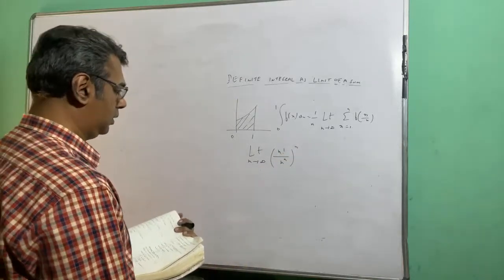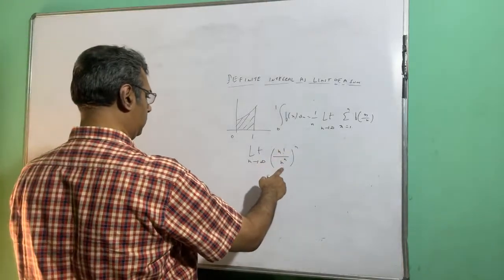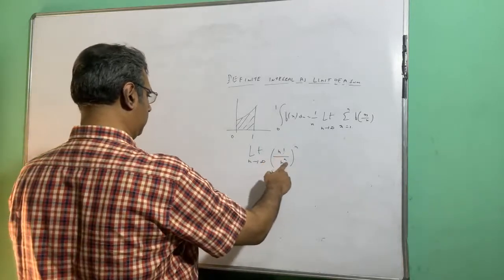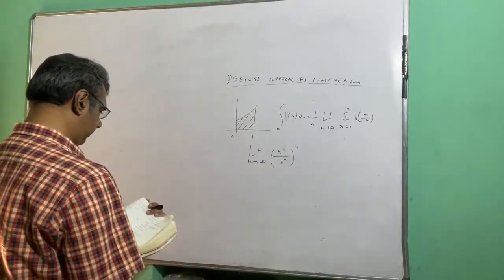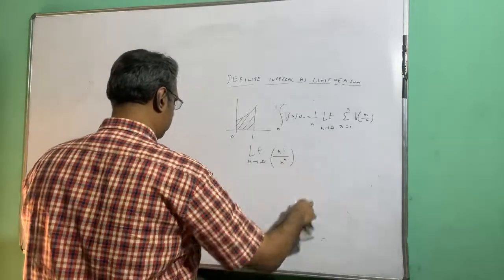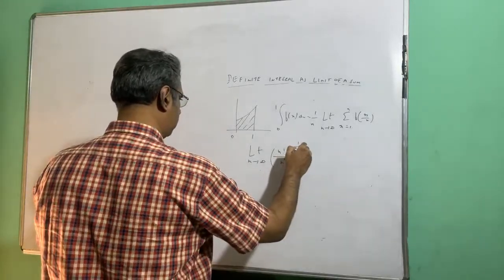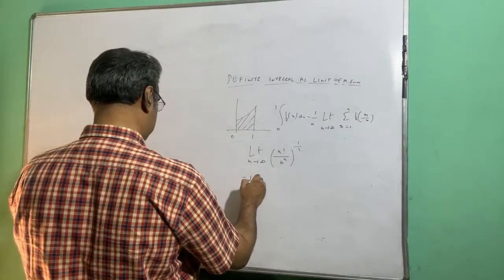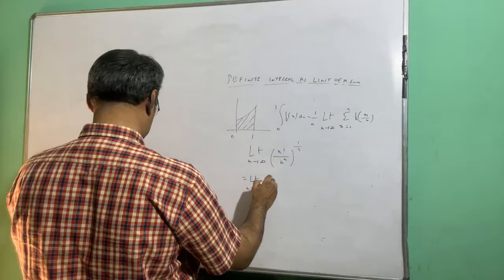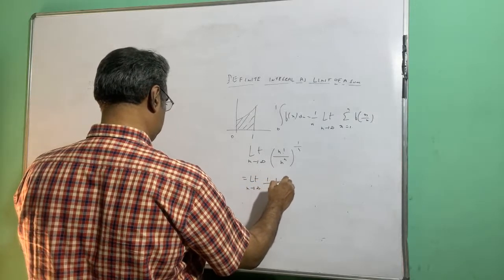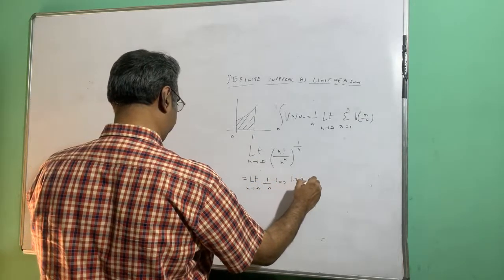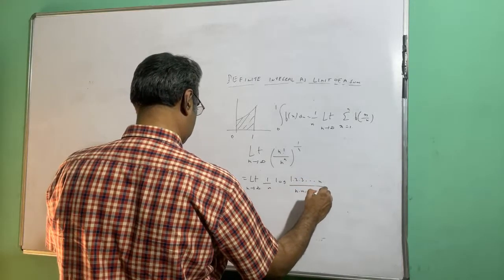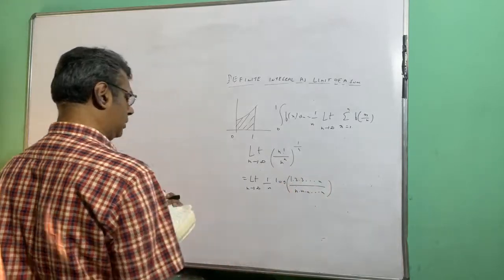So suppose you have a question like this: limit n factorial by n to the power n, whole to the power 1 by n, n tends to infinity. What you have to do is write limit n tends to infinity 1 by n log.